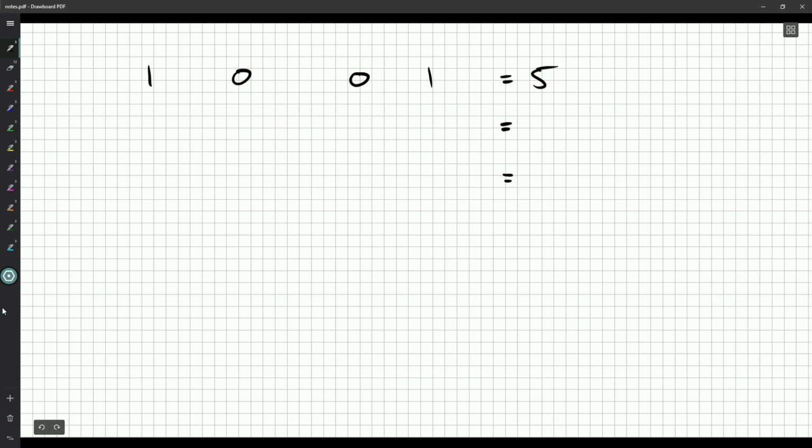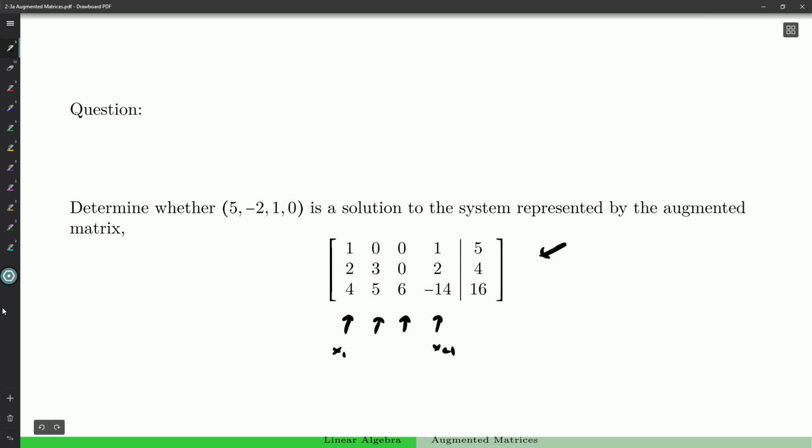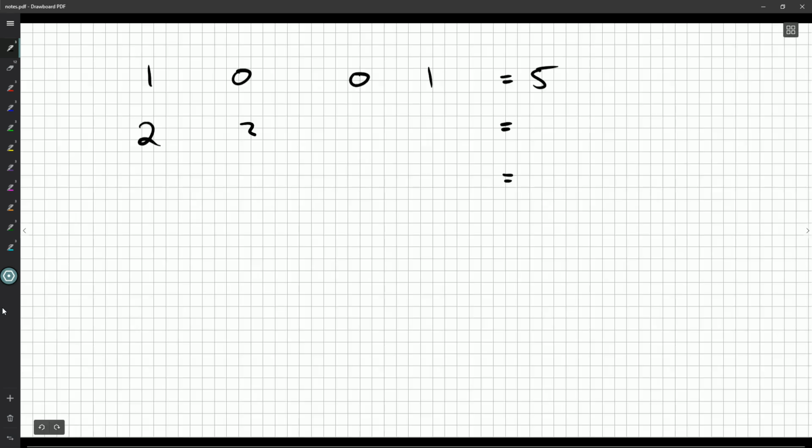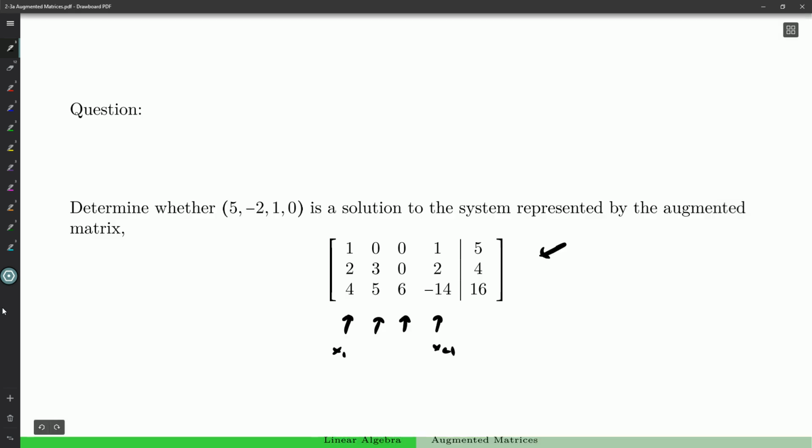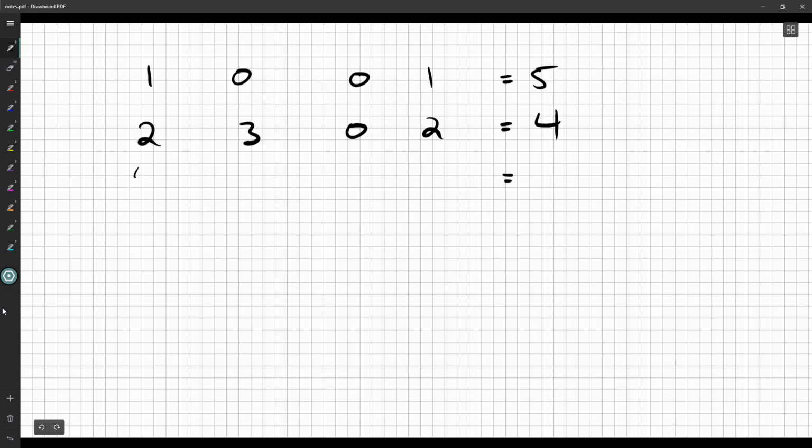The next line, 2, 3, 0, 2, 4. Then 4, 5, 6, -14, 16. Leaving space so I can add in those variables in a moment. So the bar has been changed to an equal sign.